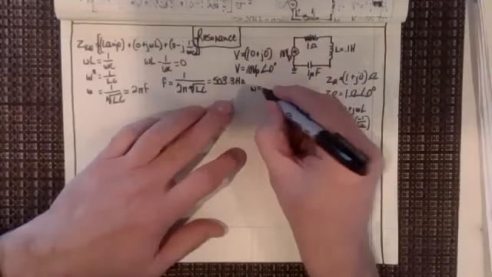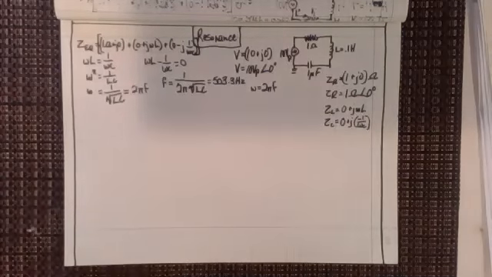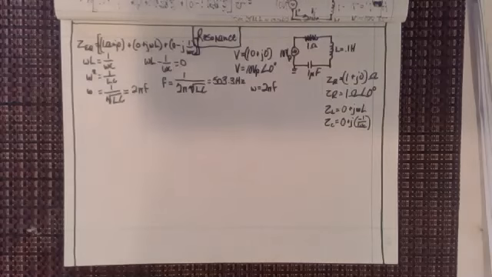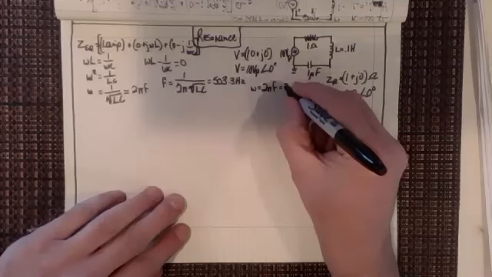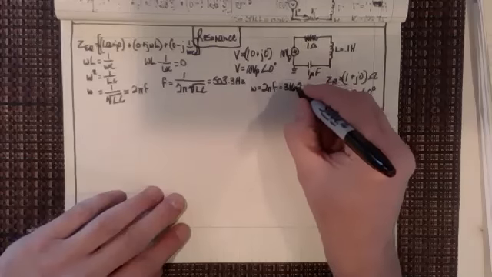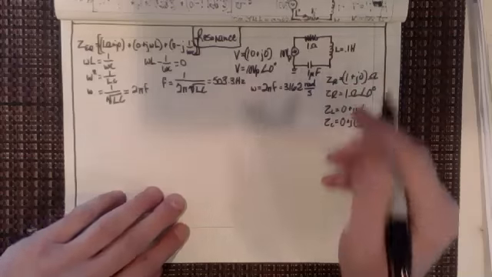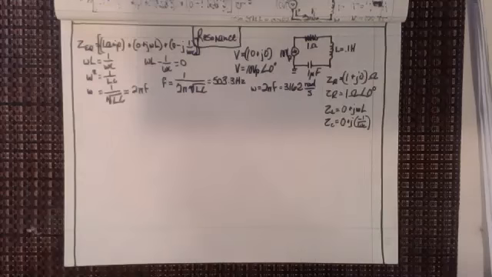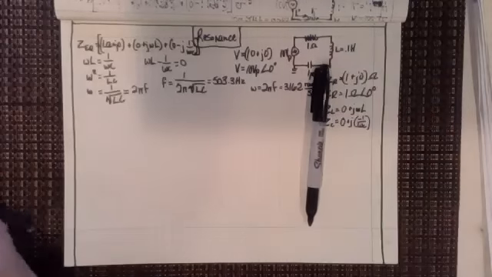So omega being 2 pi f, that's just the frequency times 2 times 3.14159, and that gives us 3162. And what are my units? Radians per second. Because remember, what we're doing is we're zooming around the unit circle, aren't we? 3162 radians per second.